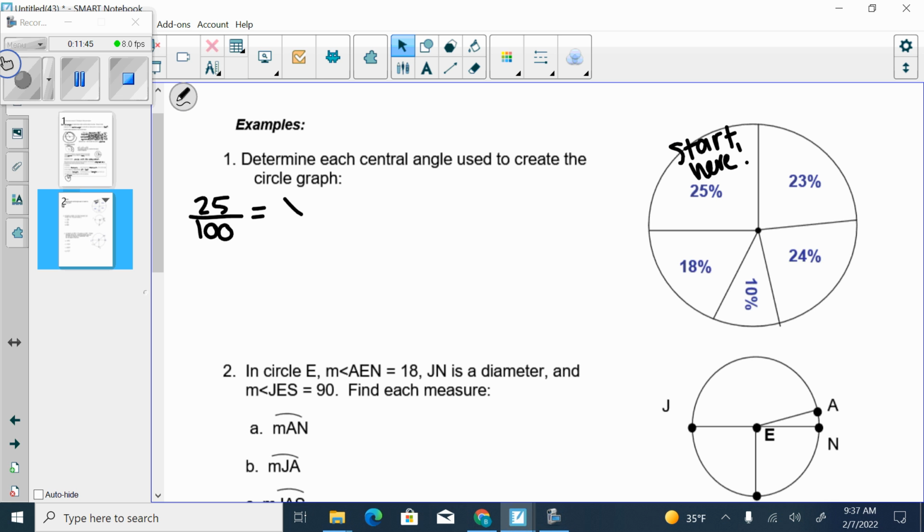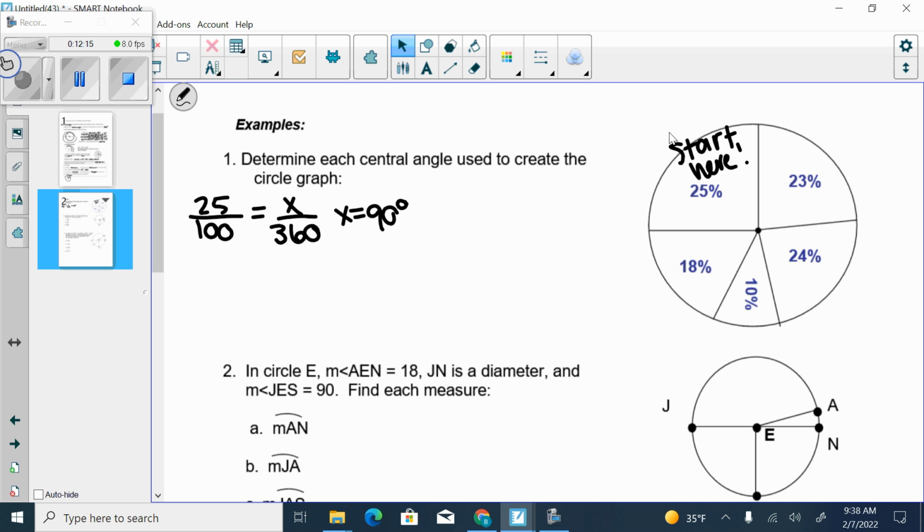So I want to know how much that is out of 360 degrees, right? Yes, somebody already said it. It should just be 90, right? Because if this is 360 degrees, a quarter of 360 is 90. Right, so x, or my central angle here, should just be 90 degrees. You can always just cross multiply and divide, right?